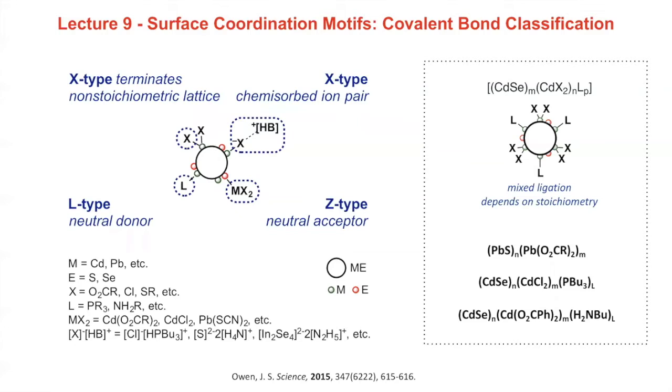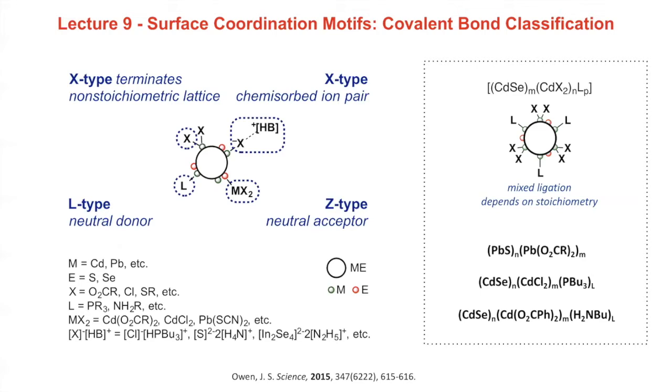We talked about how different ligand types can be defined by how many electrons they bring to forming the bond between the metal atoms in the crystal, or the chalcogen or pnictogen atoms in the crystal, and the ligand binding element. And so X-type ligands are those that contribute 1 electron to form the bond. L-type ligands are neutral donors, standard Lewis bases like phosphines, for example, that contribute 2.